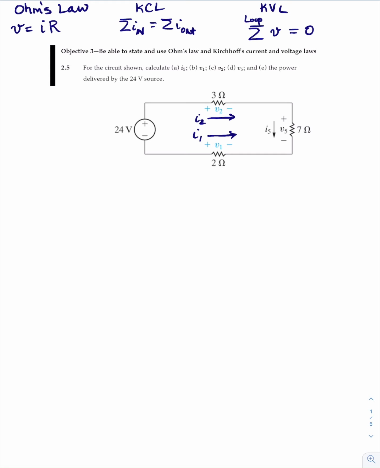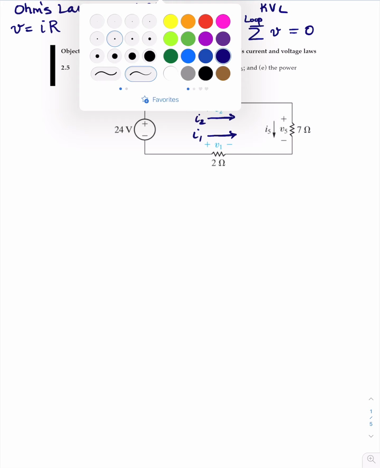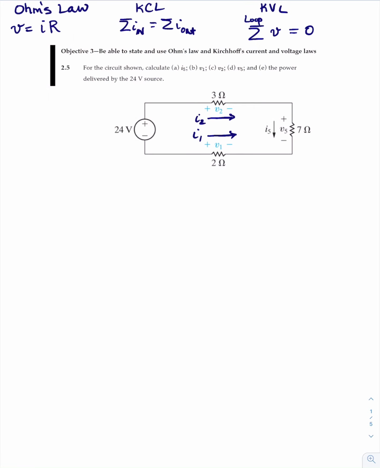Now if we look at Kirchhoff's voltage law, we would have the current in the loop start at this node and go in this direction. I like to do the clockwise direction and return to the node that we started at.